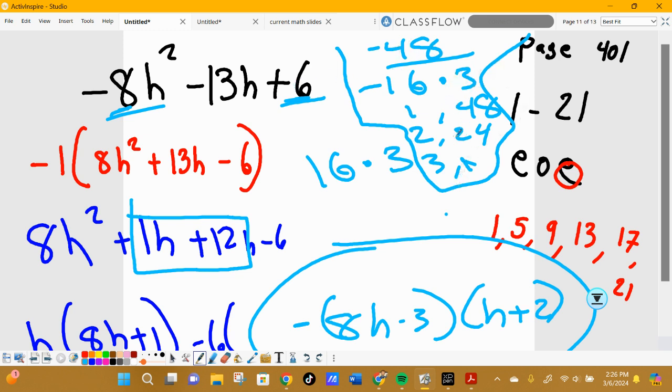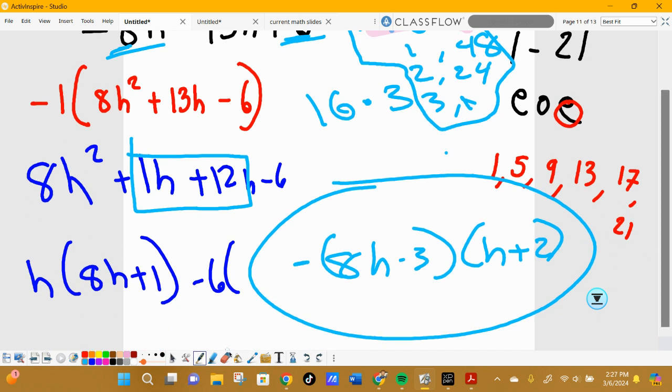The only ones that give you a negative 13 are negative 16 and 3, which multiply to 48. So I eliminated a whole bunch of guessing and checking. I know 16 and 3 works.